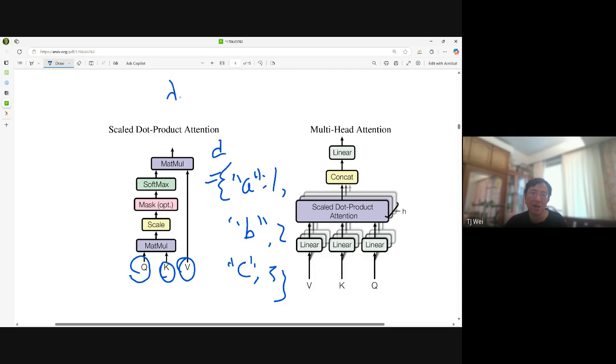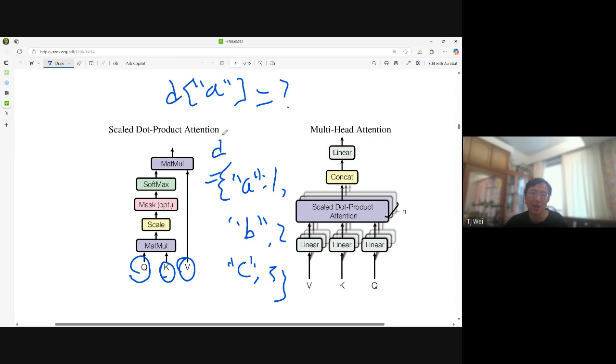You can ask D of A equals what? This is a query. You can query to find out the value stored for the corresponding key. So this is a simple key-value storage, and when you give a query, it will return an answer.